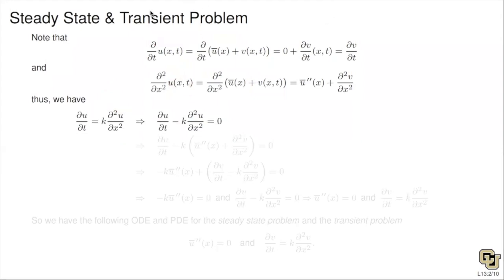Now what I'm going to do is replace each of these parts with what we calculated up here. So I'm going to replace partial u, partial t with partial v, partial t, and I'm going to replace this second partial with respect to x with u bar double prime plus the second partial of v with respect to x.